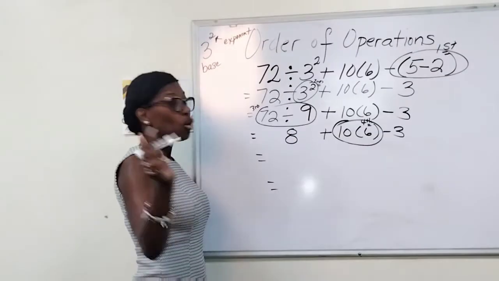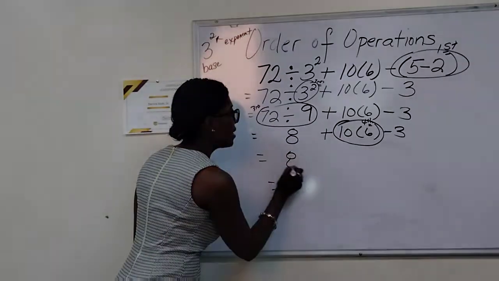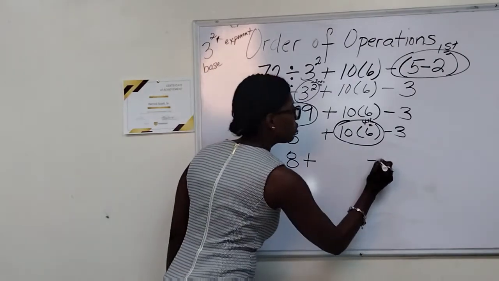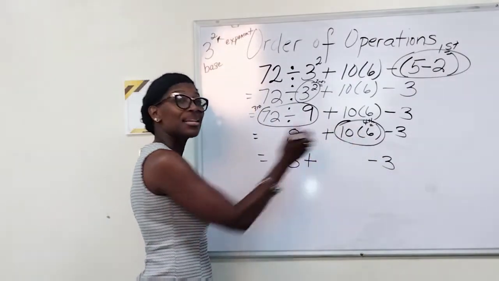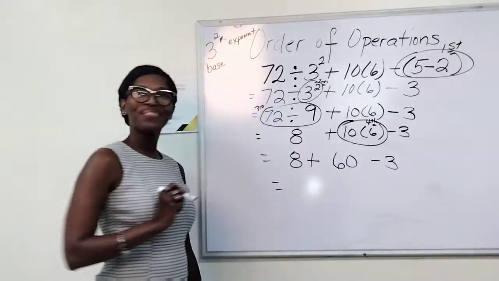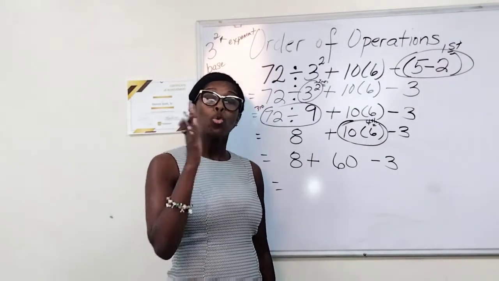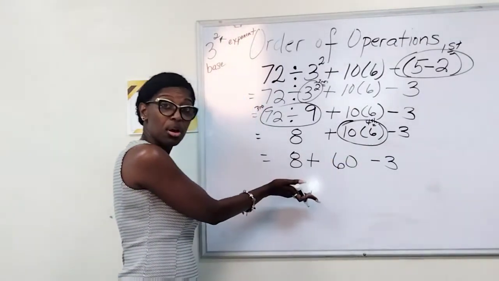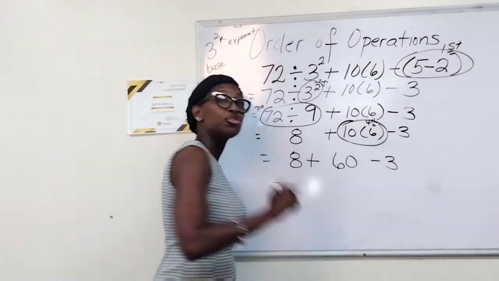Okay. Go ahead and bring down everything that we're not doing, which is the 8 plus and the minus 3. And again, we know that our fourth step is 10 times 6 is 60. Now, remember what I told you about addition and subtraction. Whichever comes on the left, you do that first, and whatever's on the right, you do second.